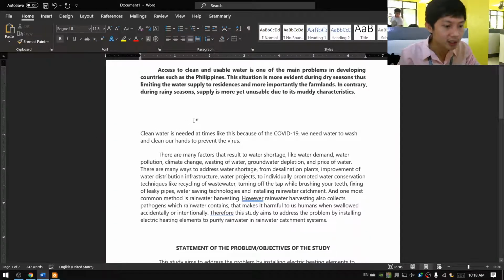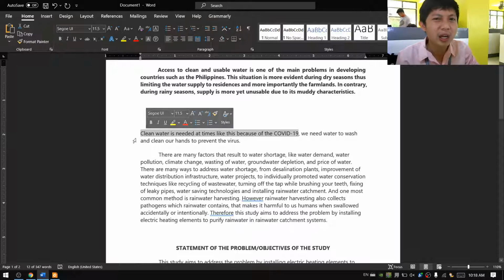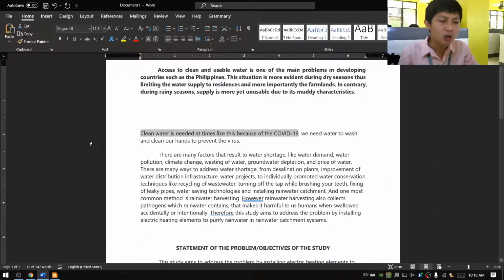Okay, so clean water is needed at times like this, but I don't really see the reason why you're going to use COVID-19 here because you can always rely on disinfection. Okay, you can always rely on alcohol. You already need water, not because of COVID-19.